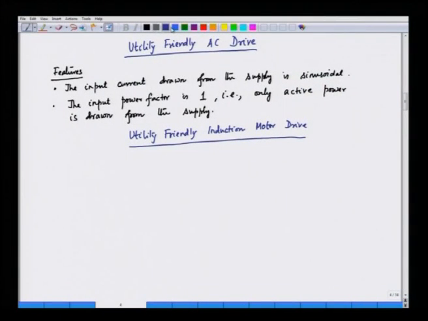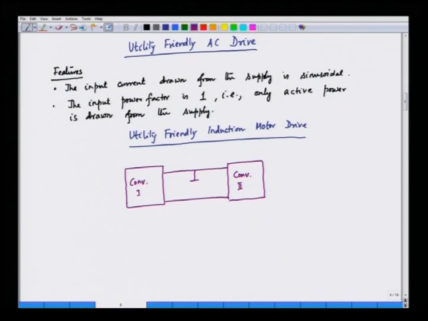So, we have 2 converters here: converter 1, and then converter 2, and in between we have the DC link, this is VD or VDC, and we have the motor, the induction motor, IM stands for the induction motor, and then the front end converter is connected to the input supply. So, we have the input AC here.